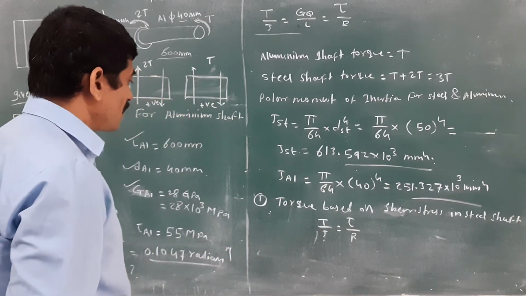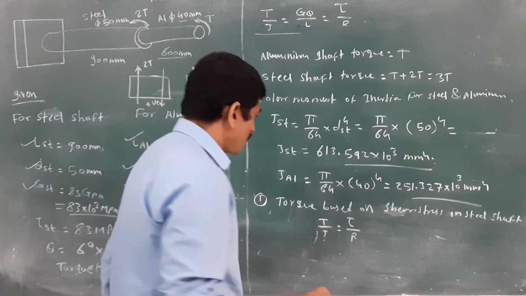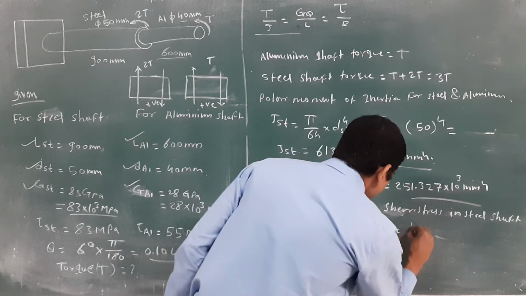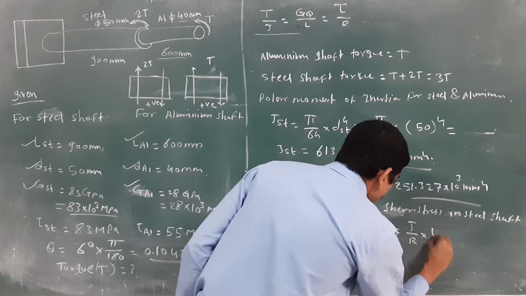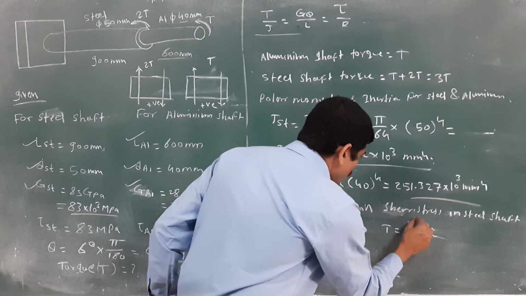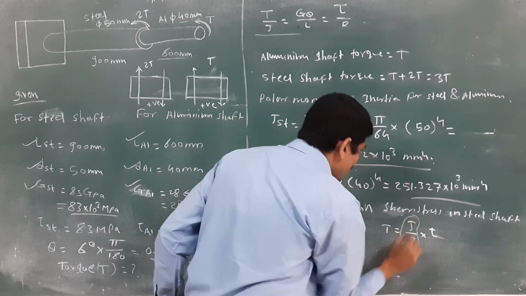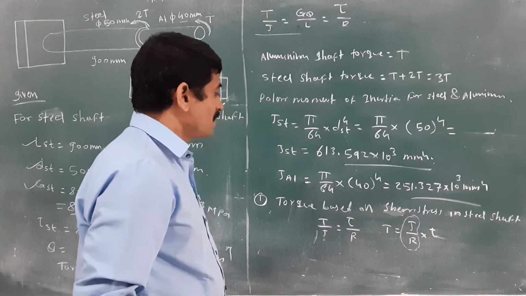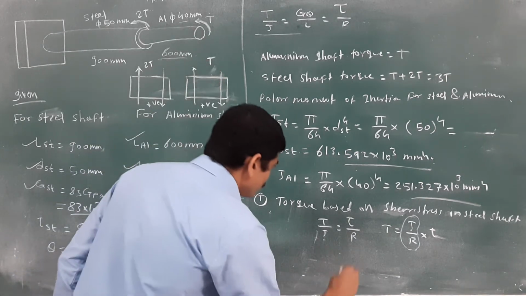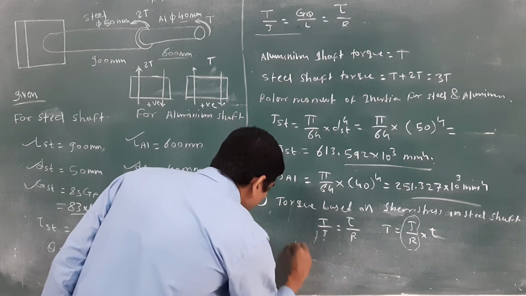What do we want to calculate? We want to calculate the torque. Then I will write T is equal to J by R into tau. We know the formula. Okay, what is J by R? Again tell me, what is J by R? J by R is nothing but the polar sectional modulus. Okay, it is denoted by ZP.